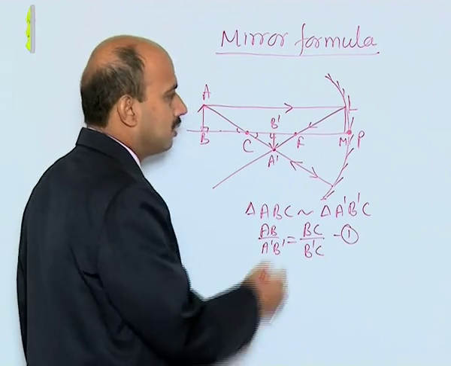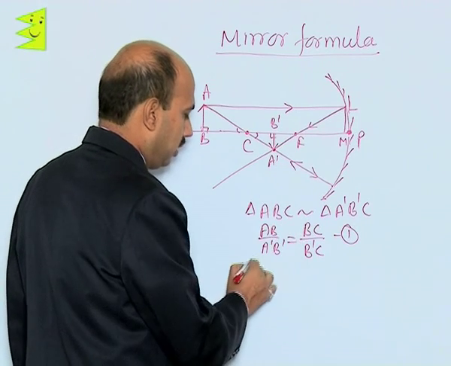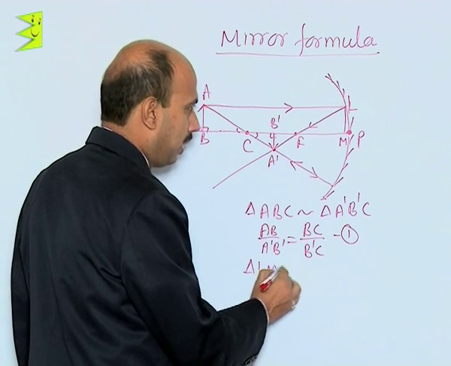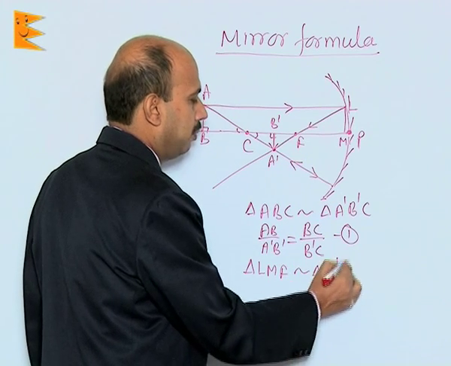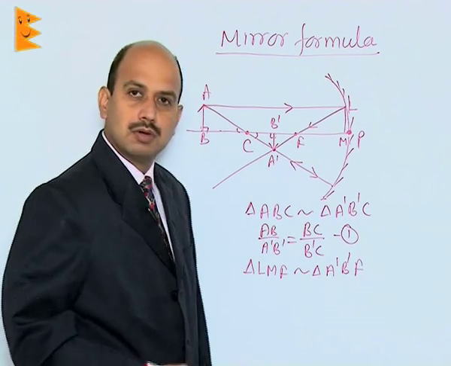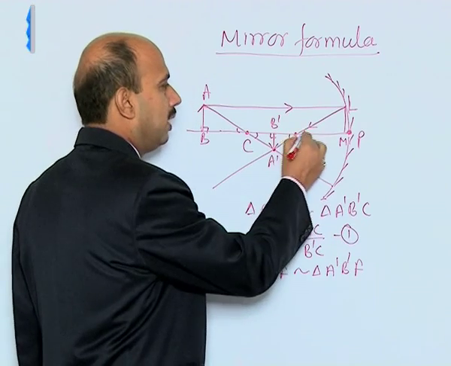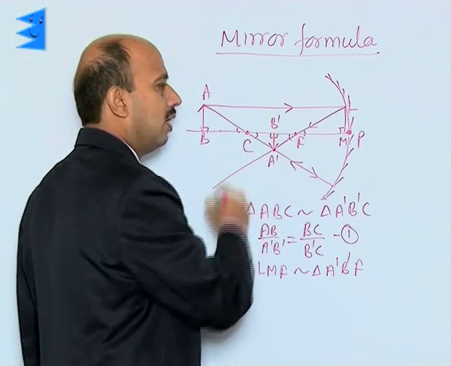Similarly, we can take triangle LMF similar to triangle A dash B dash F. Again here these two are vertically opposite, and this one and this one are 90.